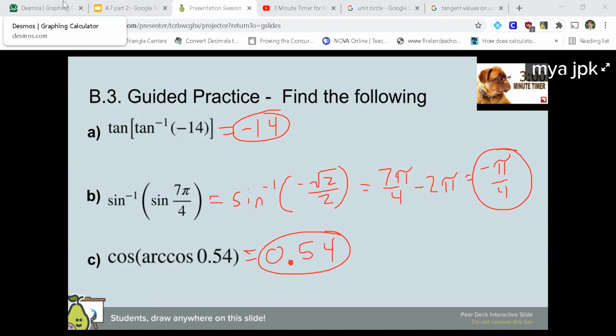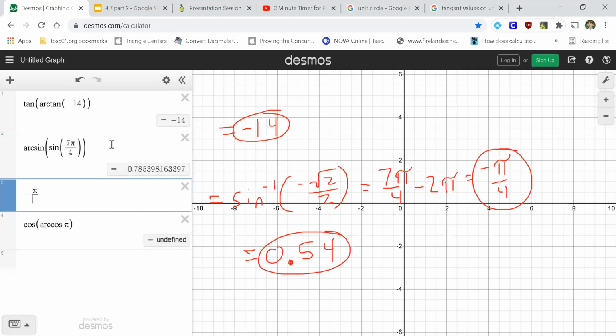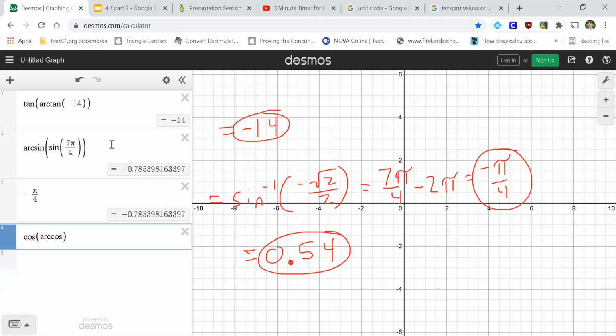If we double check our answers with the calculator, you can see that we did do it correctly. Good job, us.